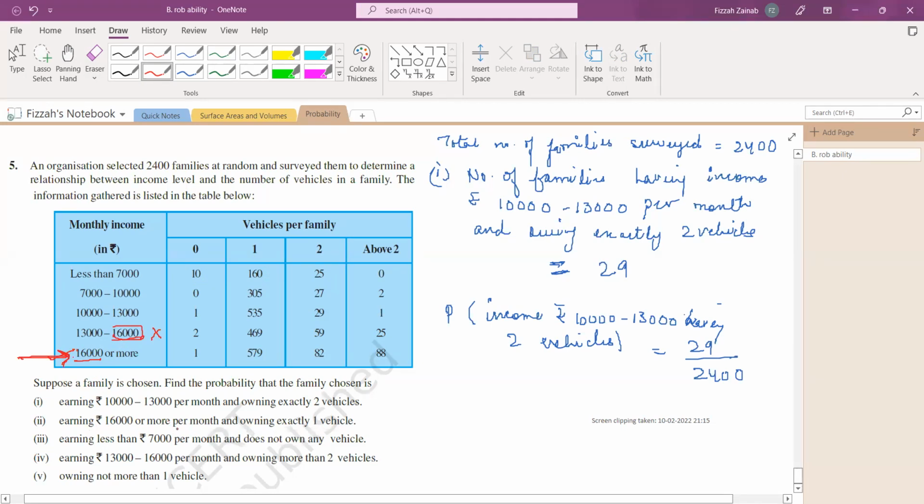Now earning 16,000 or more per month and owning exactly one vehicle. So exactly one vehicle means how many families are having? 579 families are having this. So can you find the probability now? Or should I write it?